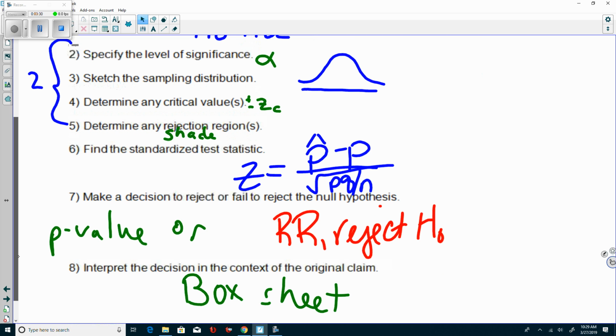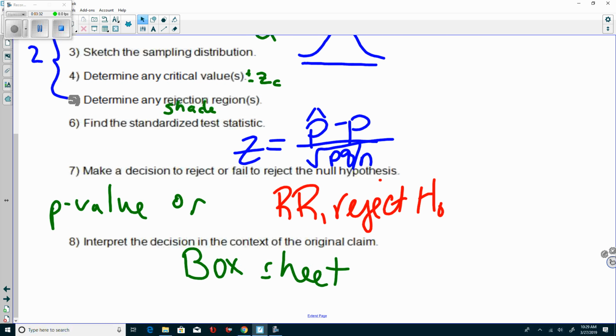Right, you're making a decision. With your decision to reject or fail to reject, this step has to be prior. These are my step 4s. So my p-value step, remember the p-value was from 7.2. You have to use p-value in 7.2. In 7.3, you have to use rejection region.